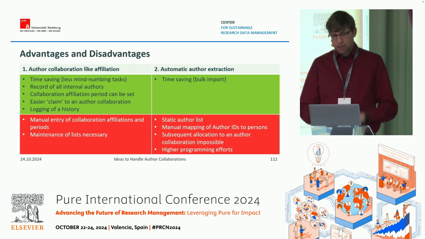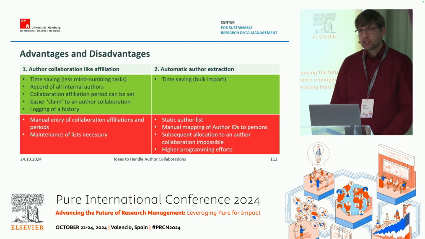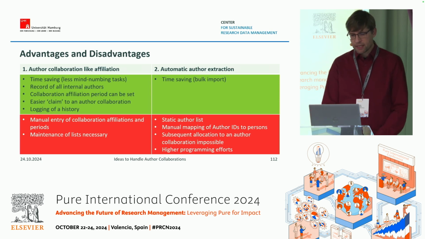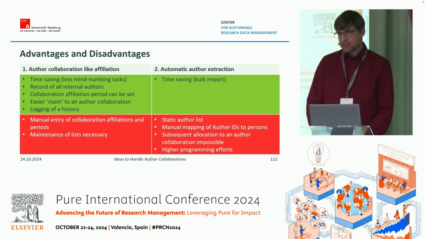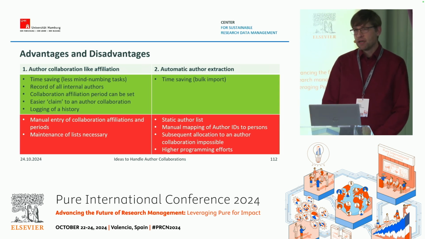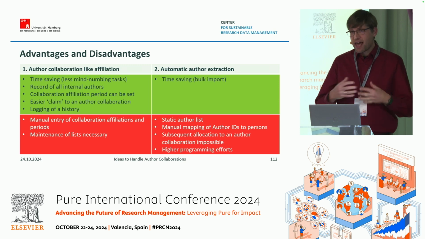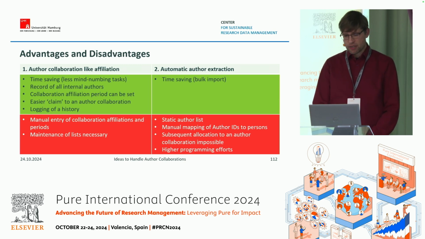This table lists the advantages and disadvantages of both proposed ideas. Both ideas save time. This is the overall aim: to think about how we can better handle the author collaborations in Pure.